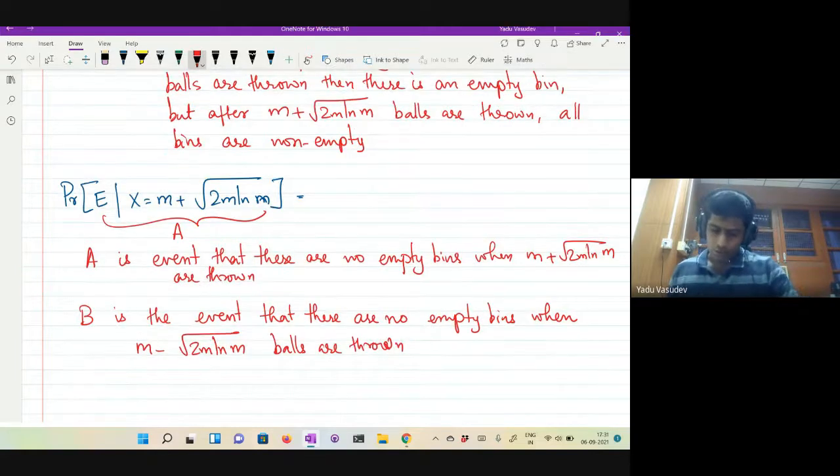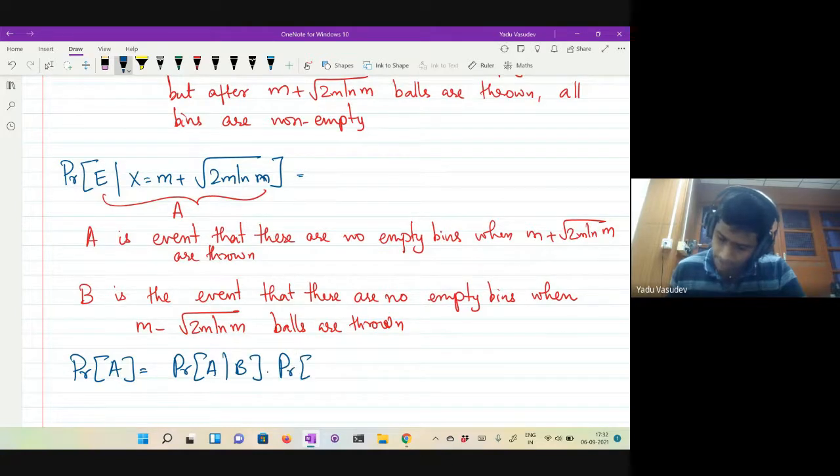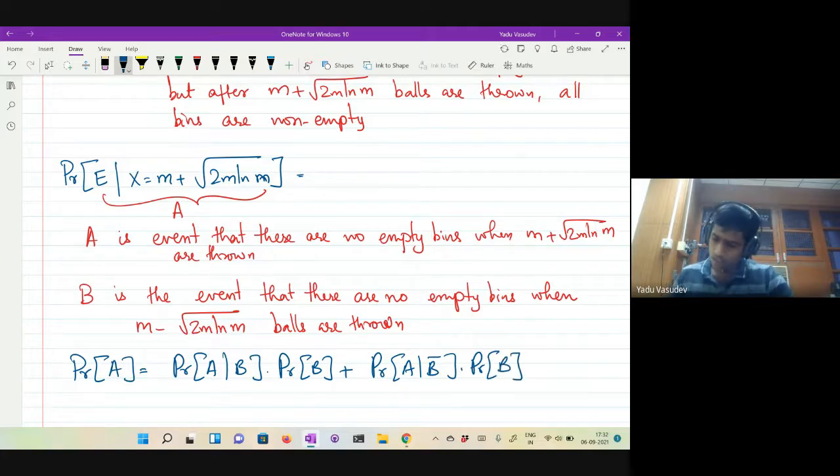Right? So can you write it this way? You can write the probability of A as the probability of A given B times the probability of B, plus the probability of A given B complement times the probability of B complement. What is the probability of A given B?